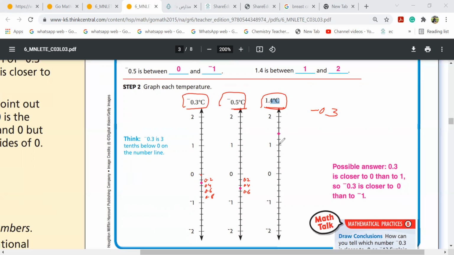Coming to 1.4, this is 1, this is 0.2, and this is 0.4, so this is 1.4. Again, girls, in the quizzes we are not asking you to plot, but you must know how to plot it. You must put these points. Put it in your book quickly.